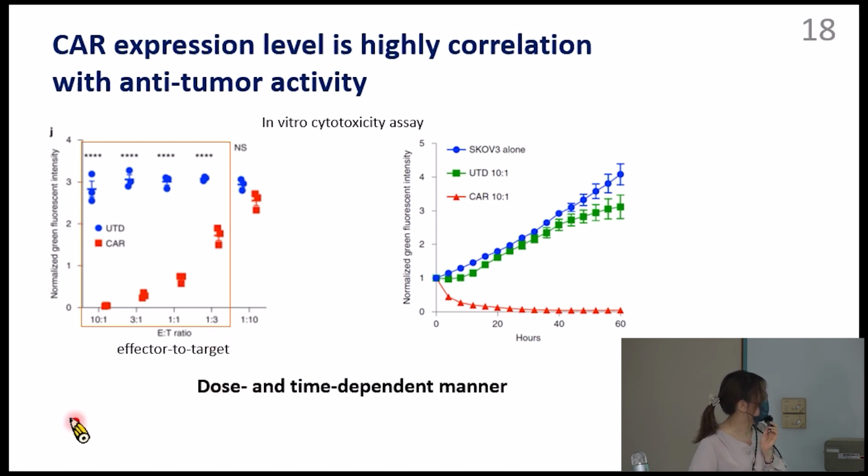In this range, the macrophage phagocytosis ability seems very great, so it means the effect is dose dependent.